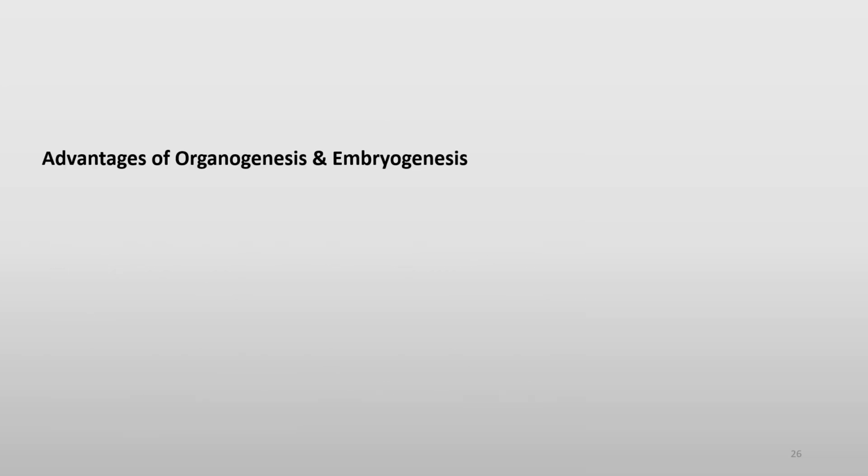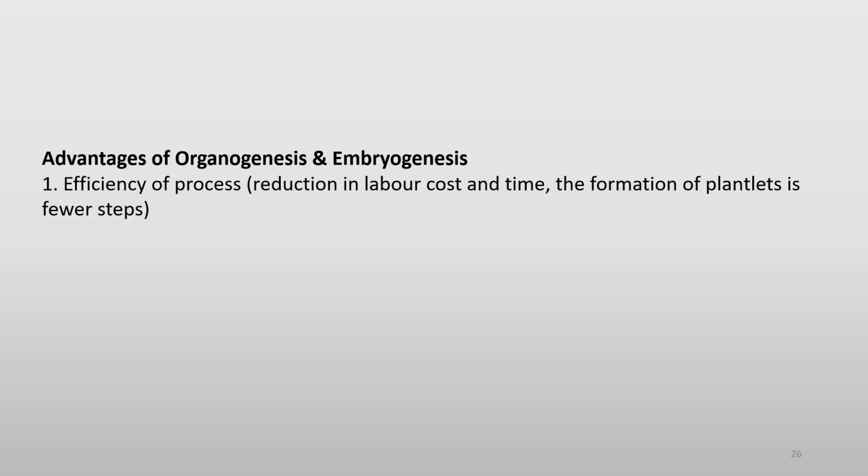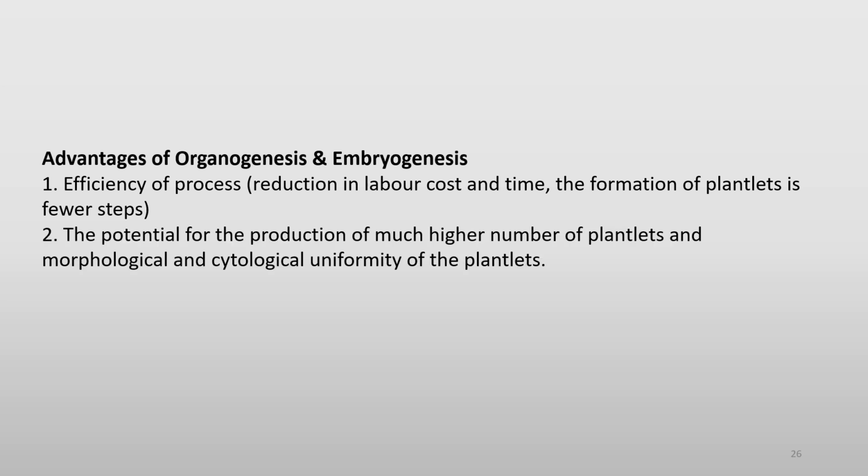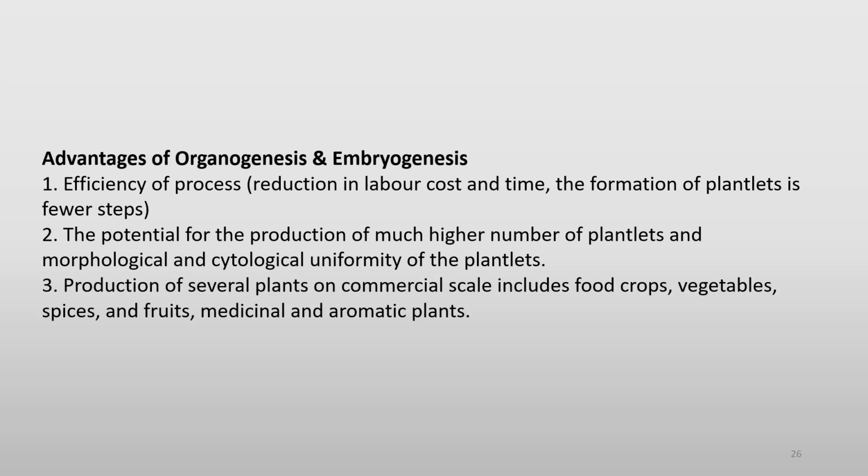Advantages of organogenesis and embryogenesis: 1. Efficiency of process, reduction in labor cost and time, the formation of plantlets in fewer steps, the potential for production of a much higher number of plantlets, and morphological and cytological uniformity of plantlets.